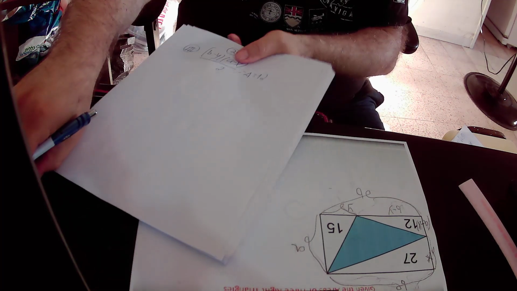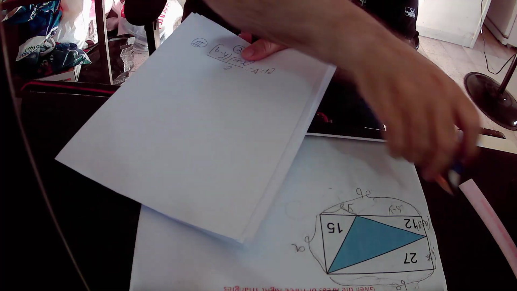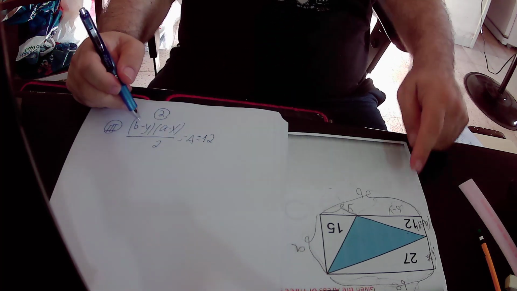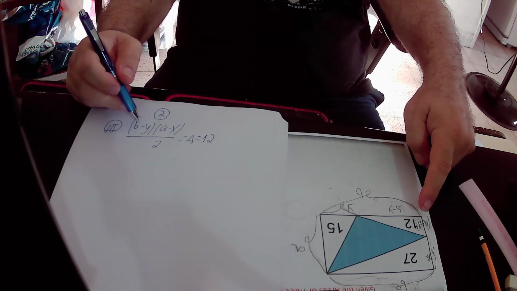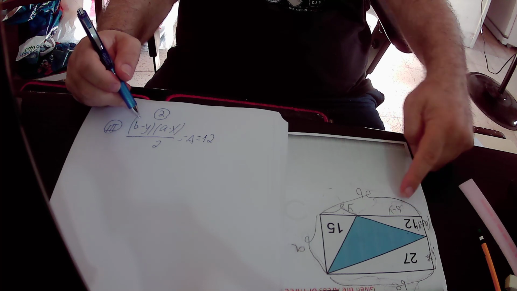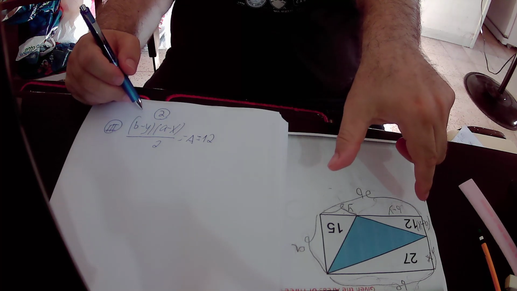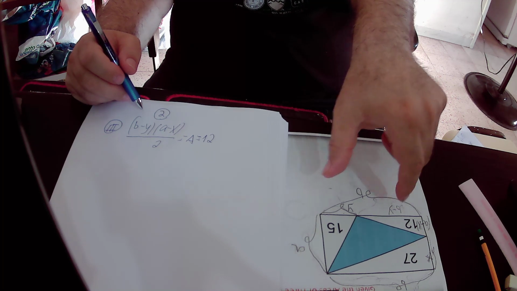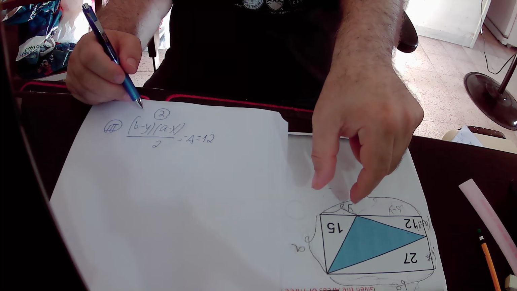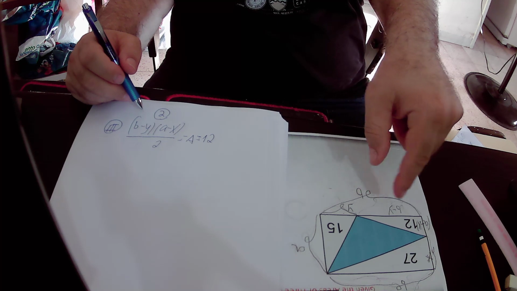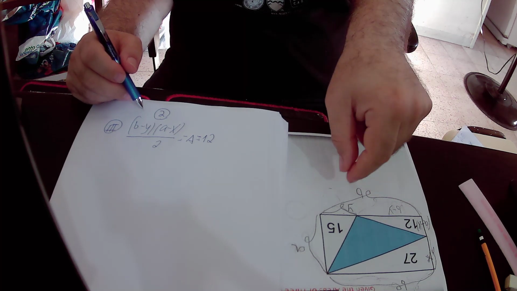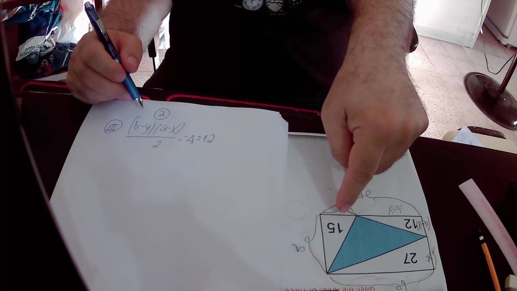Again, the base of this triangle, that is b minus y, is the width of the rectangle minus the base of this triangle. So the width of this rectangle is b, minus the width of this triangle is y.